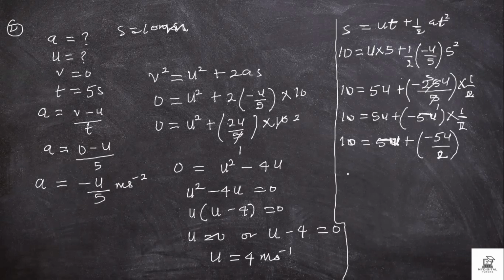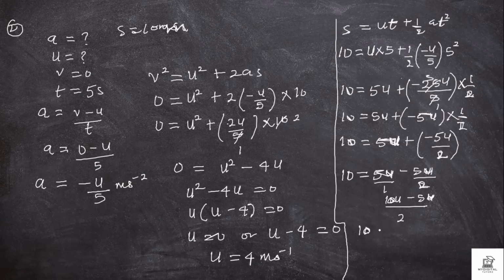So 10 is equal to 5U minus 5U all over 2, right? So what is the LCM here? I have here 2. 2 times 5U gives us 10U, minus 2 into 1, which gives us 5U.